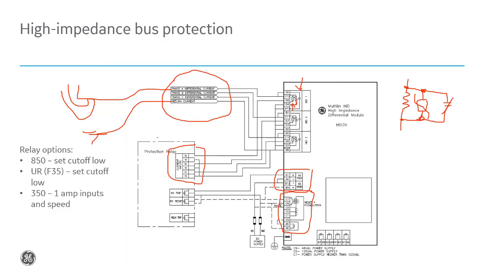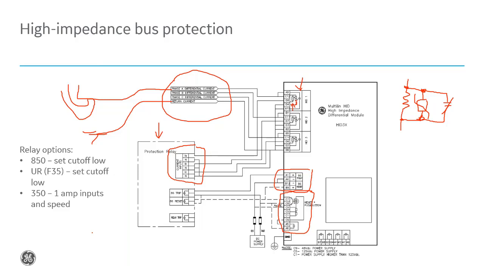Now, the type of relay that you put here, you've got several options. We no longer manufacture the MIB. The MIB was a high impedance relay that had the HID module integral to the relay. Now you have to buy the HID and a relay.